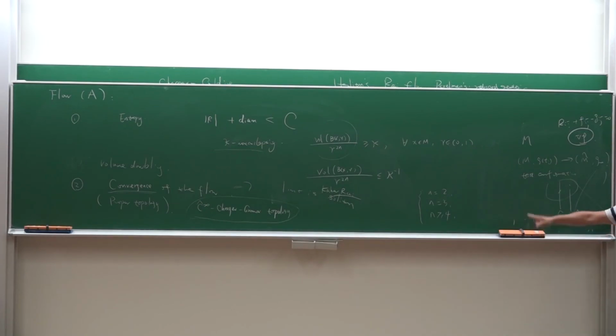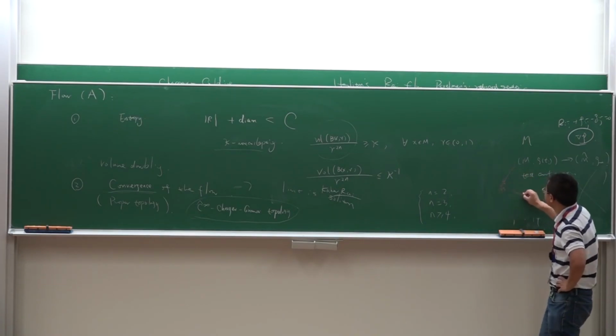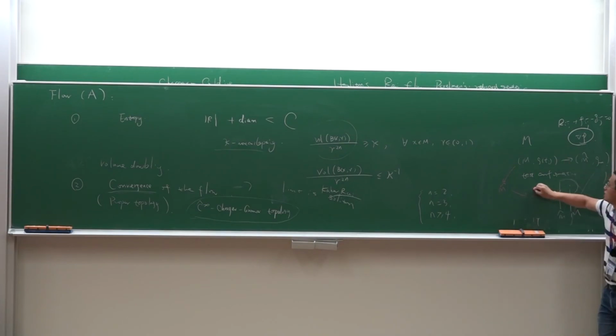You consider M degenerating to some M tilde, then M tilde degenerating to M hat. One of them will give a contradicting degeneration. So you can construct two test configurations.